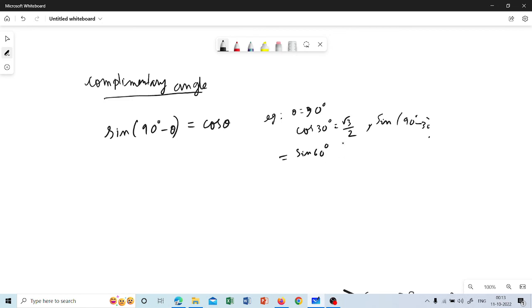We know from the table that sine 60 is equal to root 3 by 2. Similarly, for others also it is applicable. Cos 90 minus theta is also equal to sine theta.